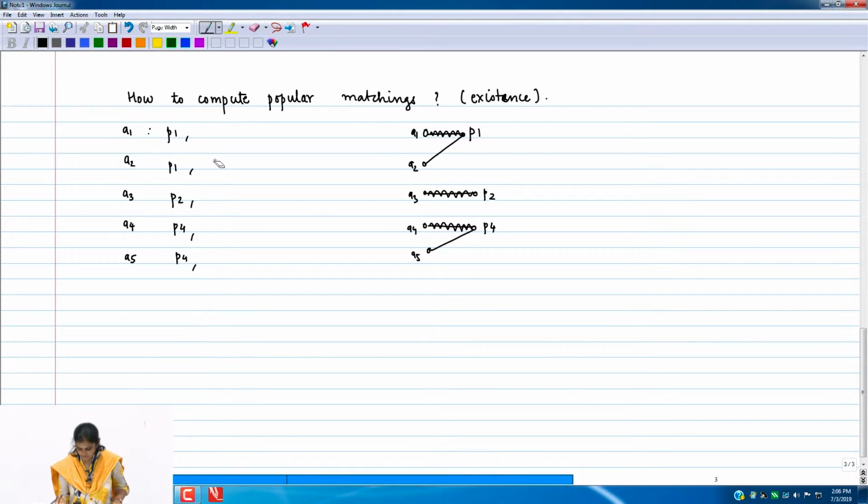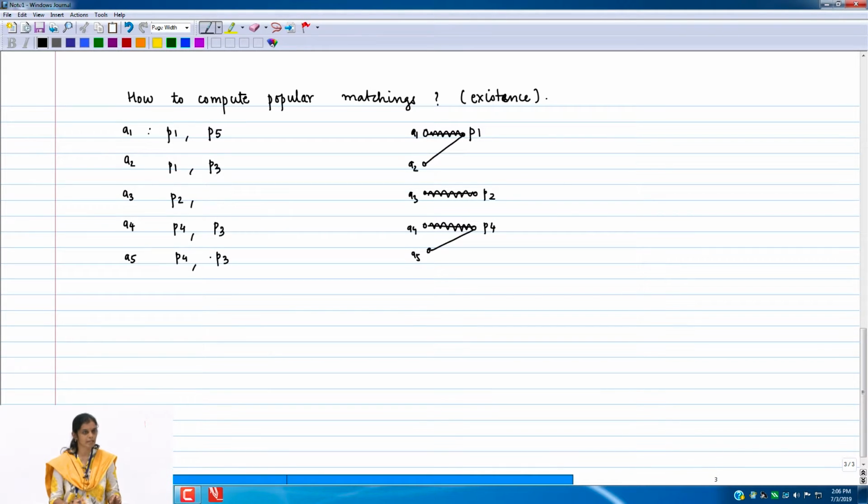Let us say that the preference lists of the applicants look like this. A1 has a post P5, and A2, A4 and A5, all of them have their second choice as P3, right? So I should not use P2, P3 from before.